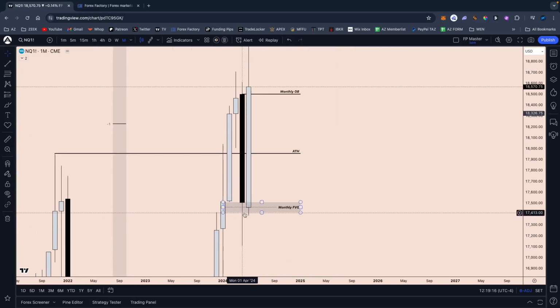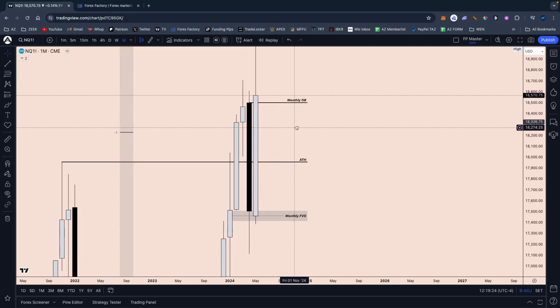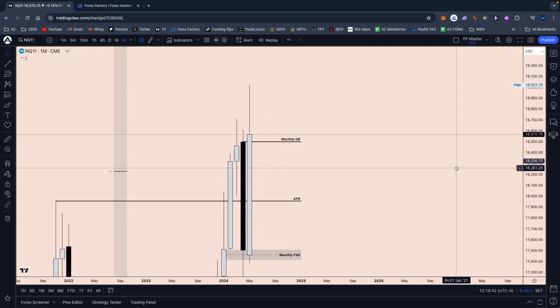But we managed to recover the entire April dip just by looking at the monthly time frame here, and we closed above April open. April open is essentially our price level for the monthly order block, sitting exactly at, let's make round numbers, 18,500 for the Nasdaq 100. Our all-time high conveniently sits just below the 000 level of 18,000.